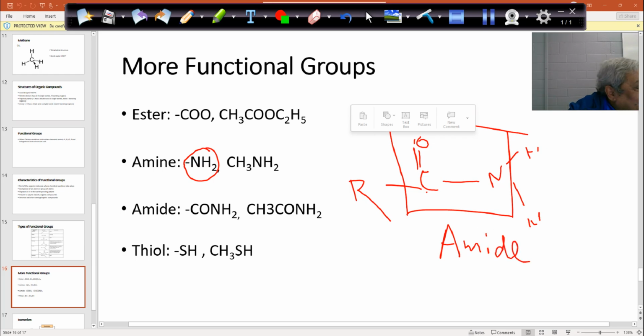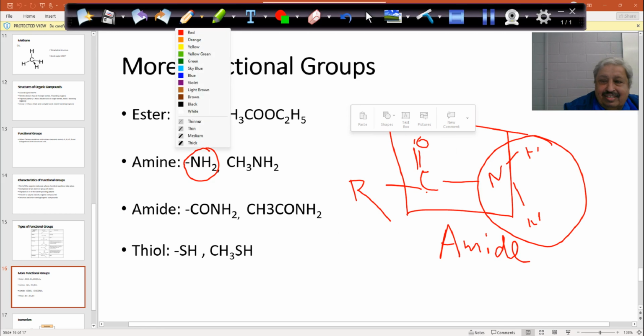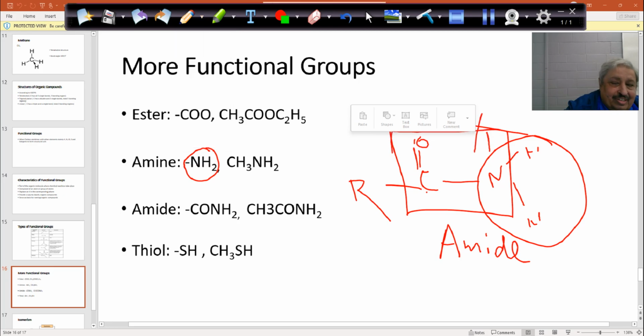Your feeling will tell you that an amine is a base, and this can come from an acid, so it's like a neutralization type of setup.